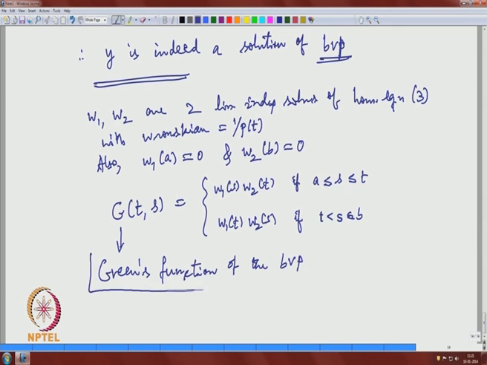Okay. So, it is very much dependent on the boundary values, that is very important. If you change the boundary values, if you take something more general, then the Green's function also changes, and this G then gives us the solution of the boundary value problem.